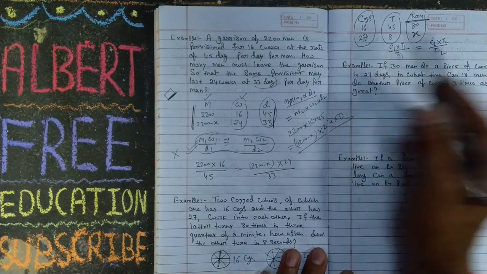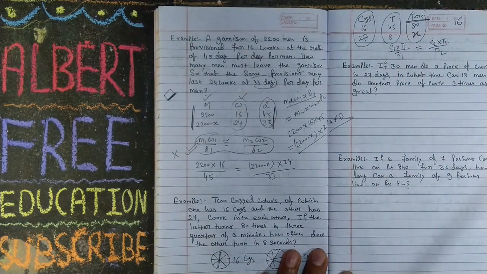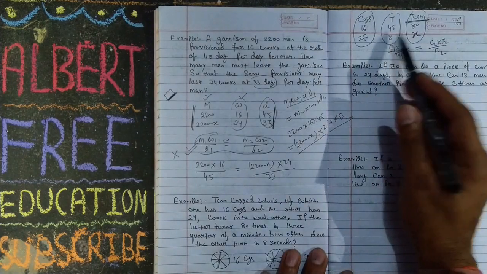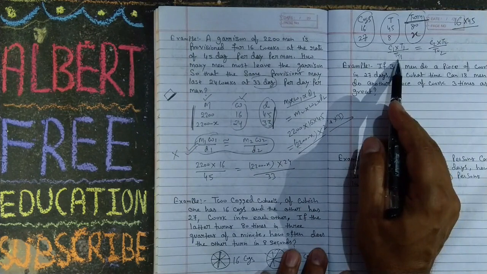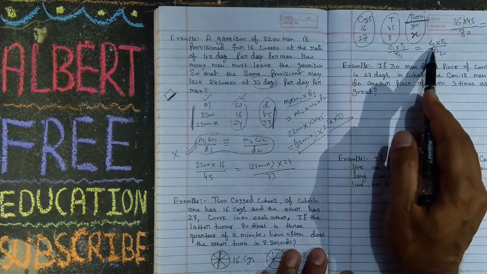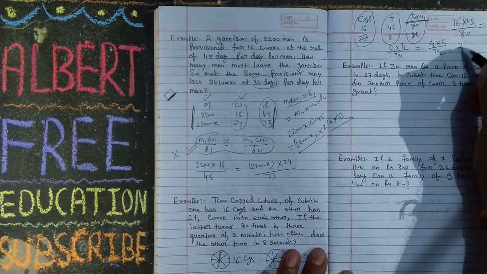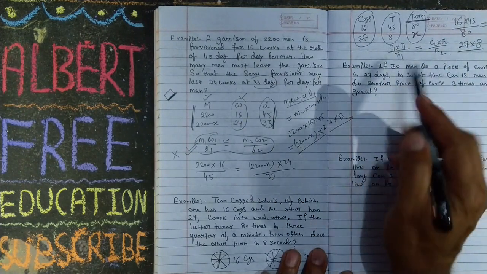So your C1 is 16, okay, into T1 is 45 upon Tu, turn is 80, is equal to C2 is 27 into T2 is 8 upon your value.